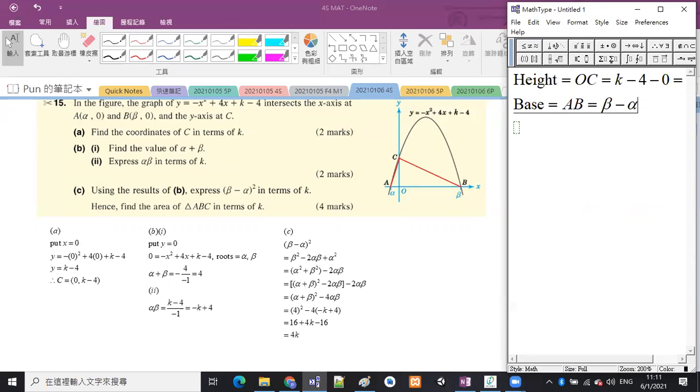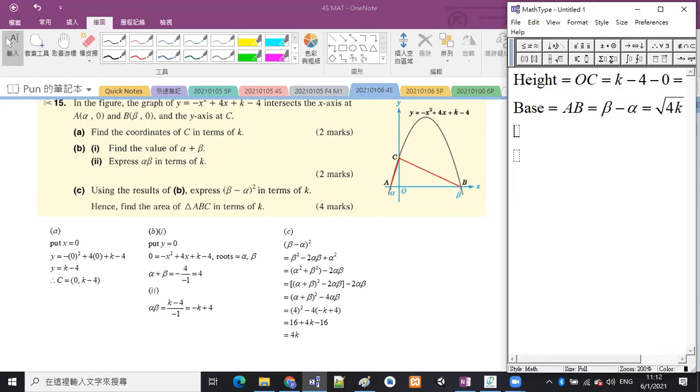What is the value of beta minus alpha then? It should be the square root of 4k. Can you get this? The square root can be shared by the 4 and by the k. So the square root of 4 is equal to 2, and then the square root of k cannot be simplified.